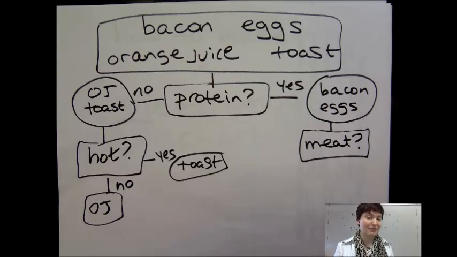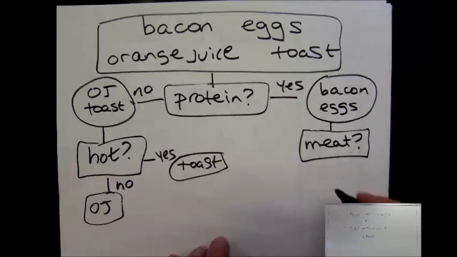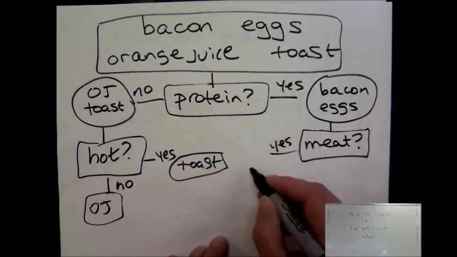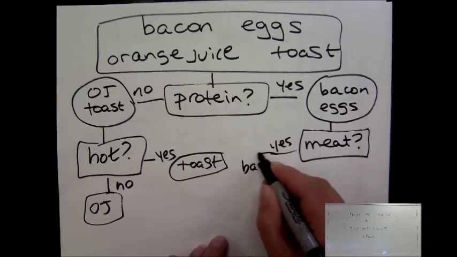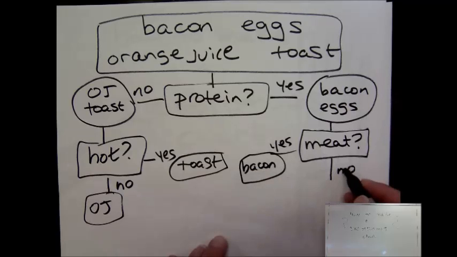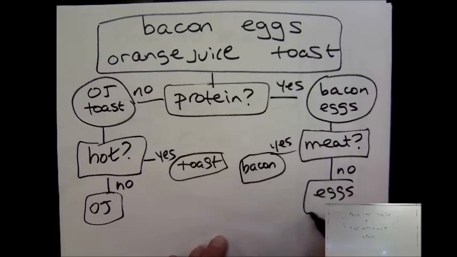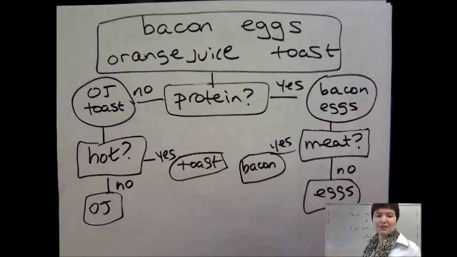So let's just say, for the sake of this argument, that bacon is meat and eggs are not meat. Okay, vegetarians might have something to say there. Meat, yes or no? Yes. Then the answer would be, I'm going to have bacon for breakfast. No? Eggs. So this is a very simple example, but this is what your decision tree would look like.